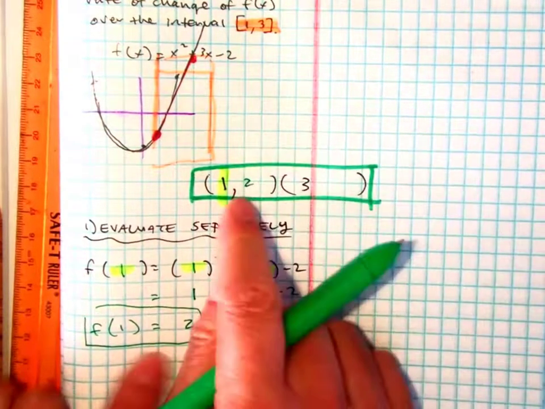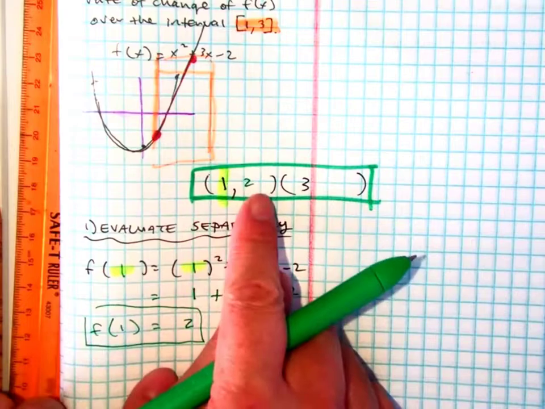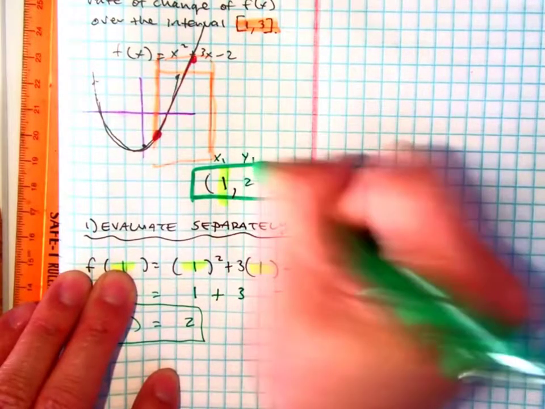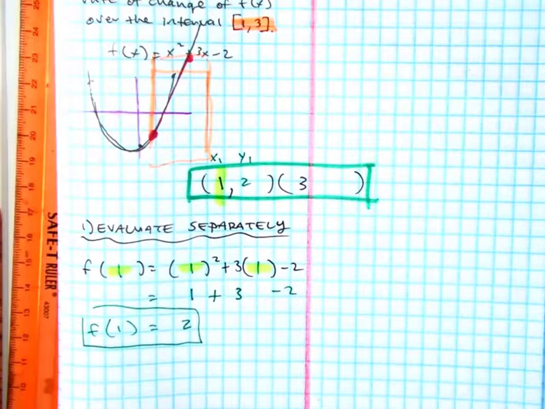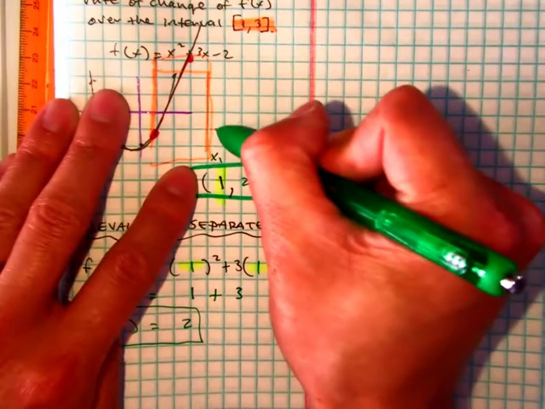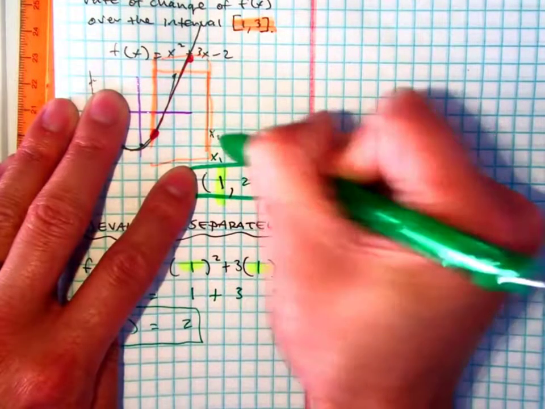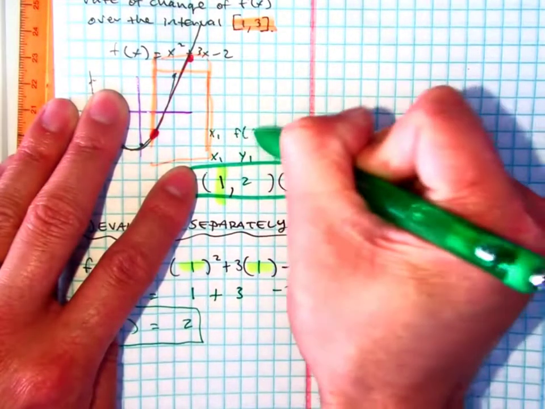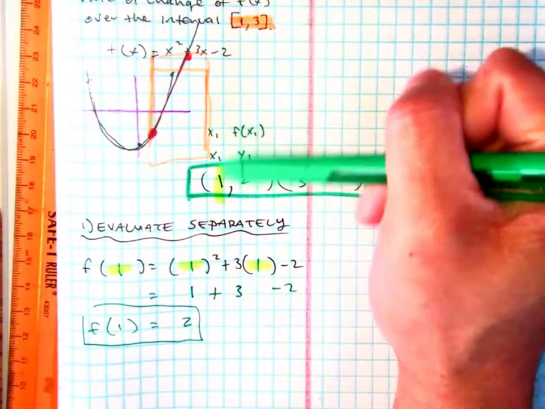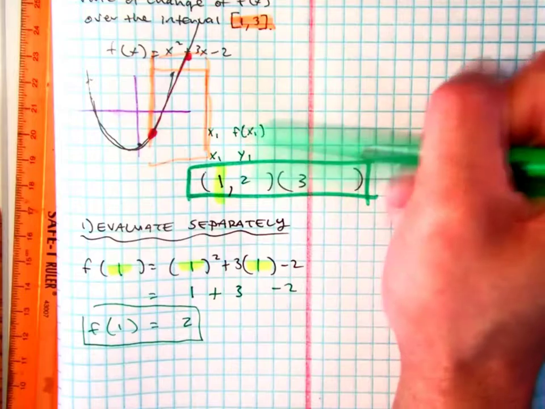The ordered pair is 1, 2. This is my first ordered pair. Now in the other formula that you guys saw, to make it more complicated, another way of writing the ordered pair is x1, f of x1. You're just basically putting the 1 into your function and you get an output.